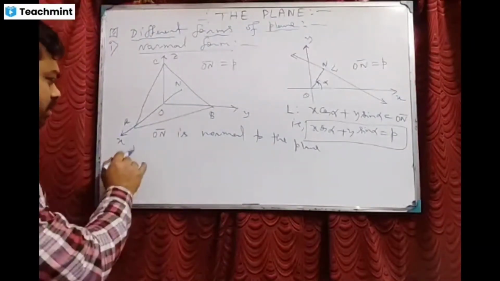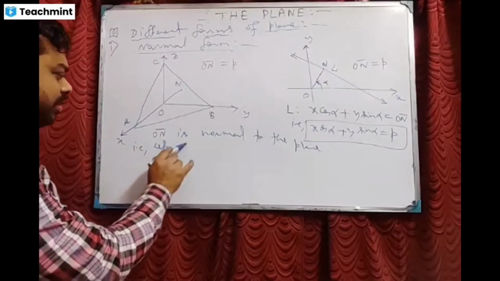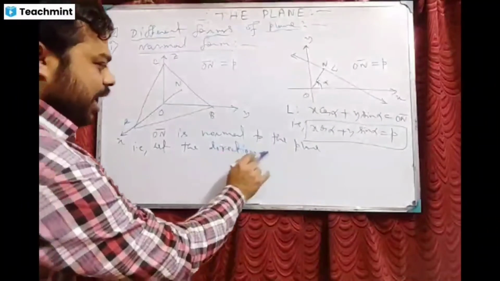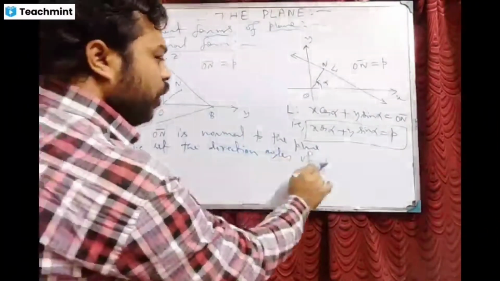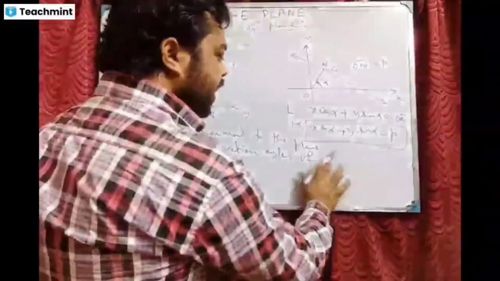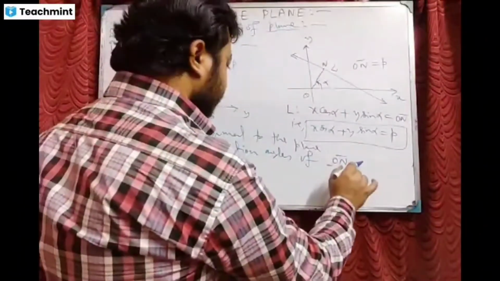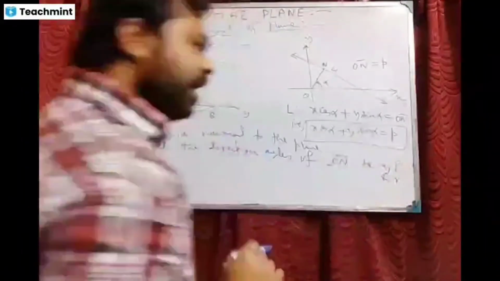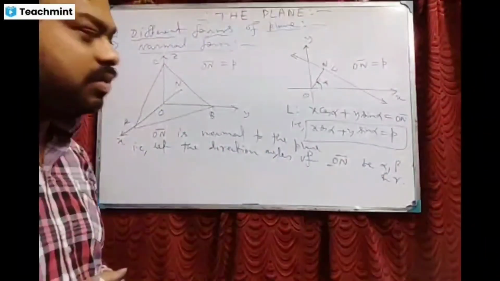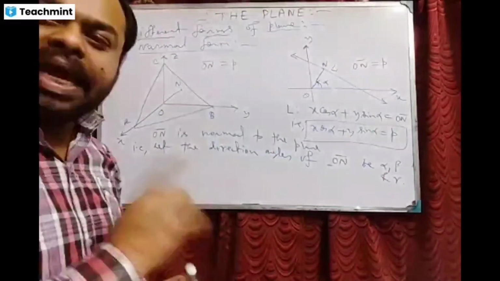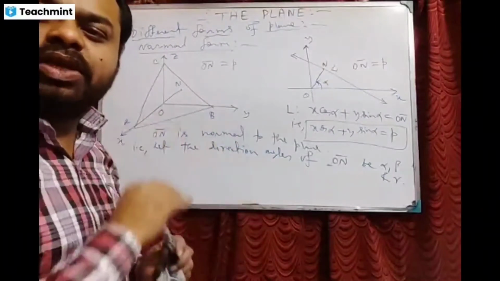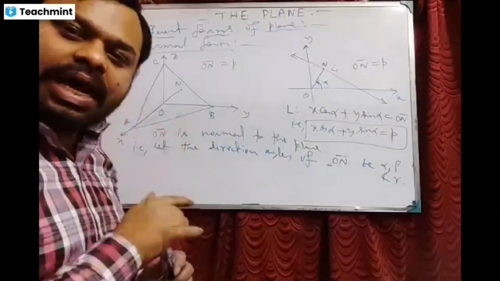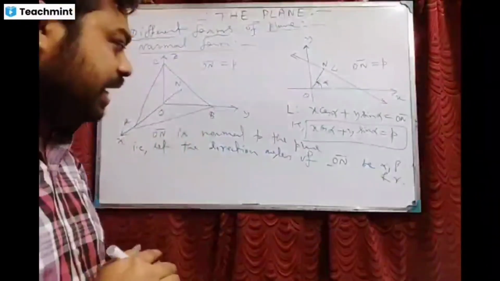That is, let the direction angles of ON be alpha, beta, and gamma. This means the line ON makes angle alpha with the positive direction of the x-axis, beta with the positive direction of the y-axis, and gamma with the positive direction of the z-axis.